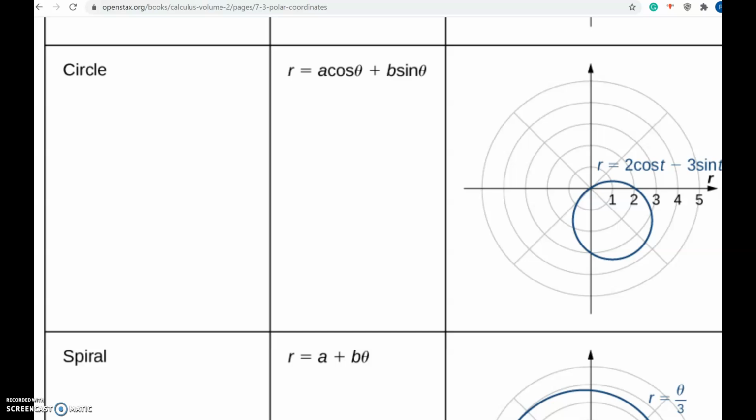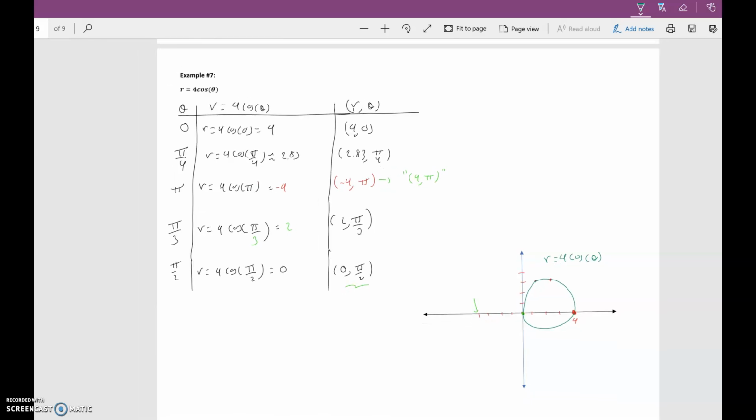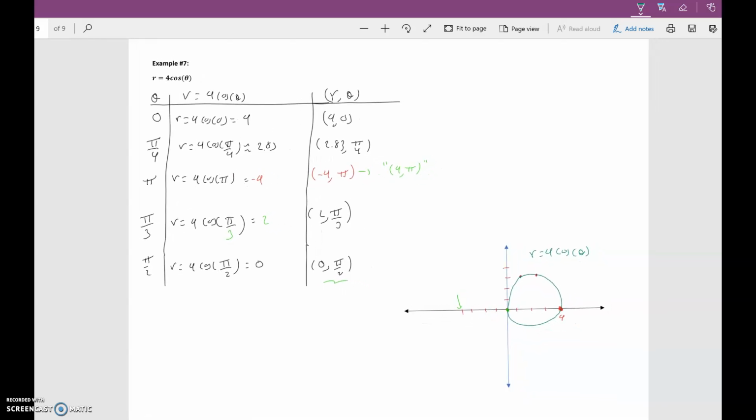And let me go to the book. So this particular one, it's a circle. It's from a family of a cosine theta plus b sine theta, except that in the problem that we're looking at, b is equal to 0. So just not to scale, but it's a circle in space. All I need is at least 3 distinct coordinate points, and that would be it.